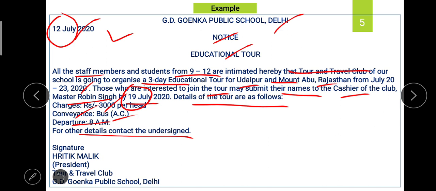We can finish our notice with this particular line, make it a standard line at the end: for other details, contact the undersigned, and it speaks volumes about everything. Once that message is over, again give a single line gap, put your signature, then name, all letters capital, then designation, then the department and the institution. In this way, we can complete and finish our notice.